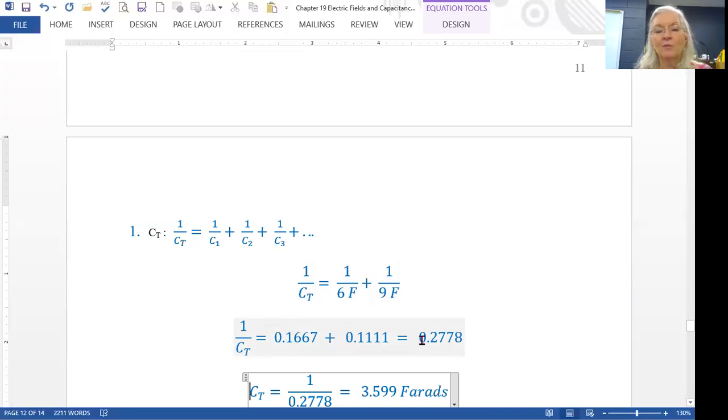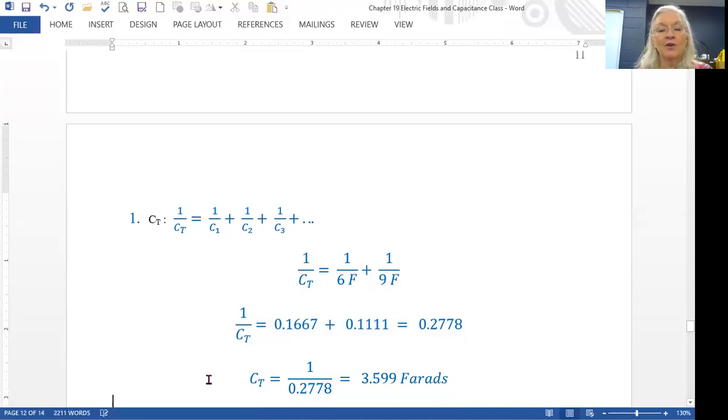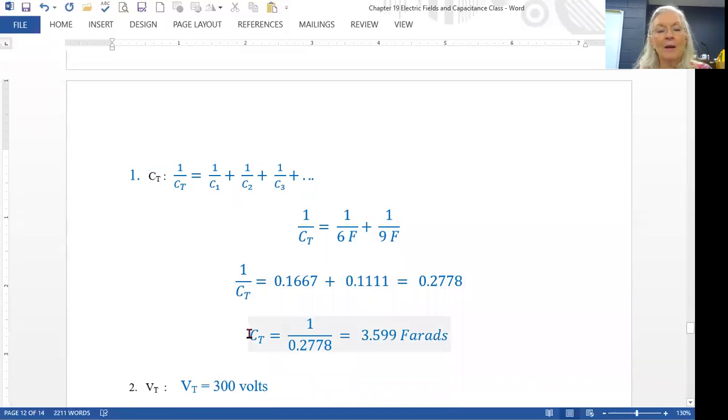When you add those two numbers together, you get 0.2778, but we're not finished because they didn't ask us for 1 over the total capacitance. They wanted to know the total capacitance. So the total capacitance will be 1 divided by 0.2778, and that gives us 3.599 farads.